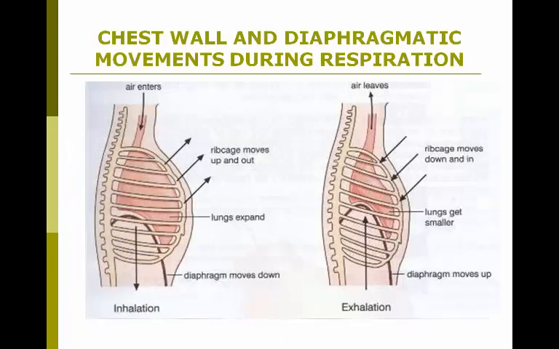Now we're going to talk a little bit about physiology. We've looked at some anatomy of the respiratory tract. In these two pictures, we're looking at the thorax. On the left, you have inhalation or breathing in. On the right, you have exhalation or breathing out.